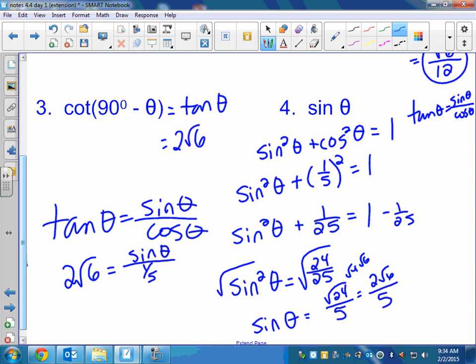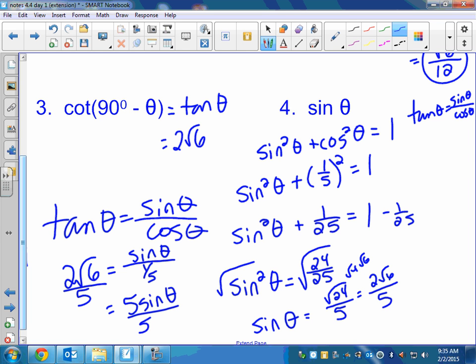It's a little tricky with the 1/5 on the bottom, because that's really like multiplying by 5. You with me on that? You wouldn't multiply both sides by 5 to get rid of that, because this is really like saying 5 sine of theta, because dividing by 1/5 is the same as multiplying by 5. So you can just divide by 5 here, and look how much less work it took to get sine equals 2 radical 6 over 5. But you do get the same thing.